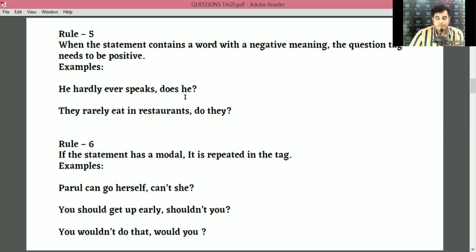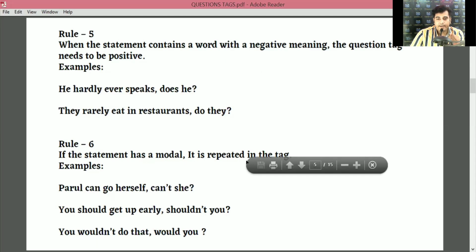Does he? Somebody is very shy or does not participate in the conversation, so he hardly ever speaks. Does he? So we are just confirming that does he speak? They rarely eat in a restaurant, do they? Okay.